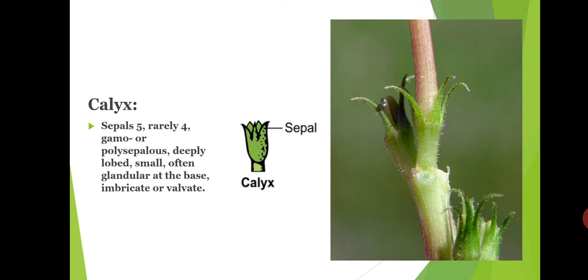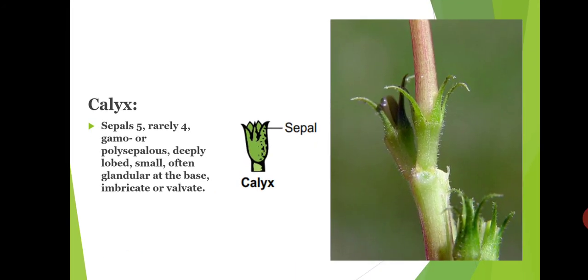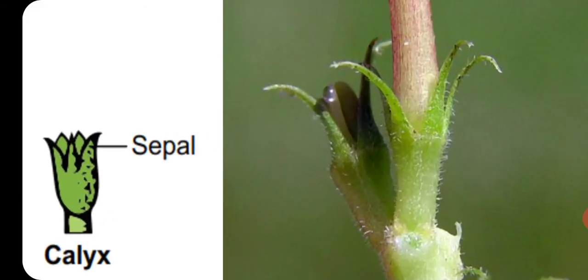Gamosepalous or sometimes polysepalous, here it is gamosepalous, and deeply lobed. See, these lobes are very deep, and here we can also see the presence of hairs, often glandular at the base. Then imbricate aestivation or sometimes valvate. Here it is valvate.